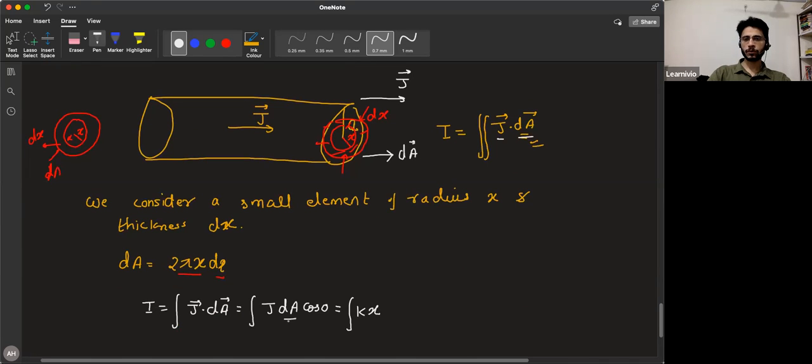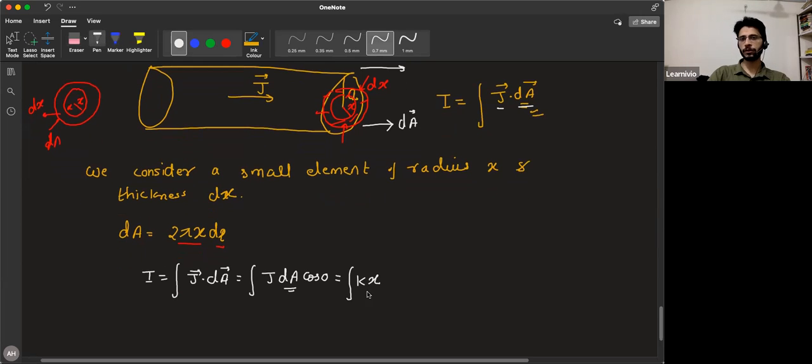Sir, why are we not using the double integral in the formula right now? No, we are converting the double integral into a single integral. Using this elemental ring, we convert the double integral into single. See, this is dA. It's a double integral, right?